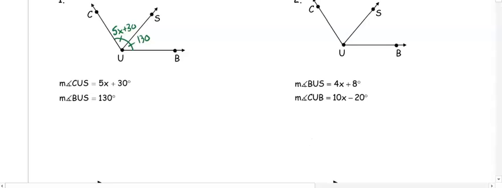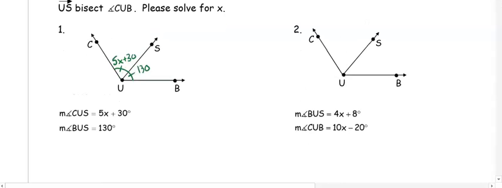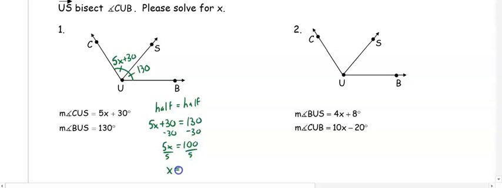Now, these angles are each half of the larger angle, so we know that half is equal to half. So we have 5x plus 30 is equal to 130. We can solve by subtracting 30 from both sides. 5x equals 100. Divide by 5. So x equals 20.